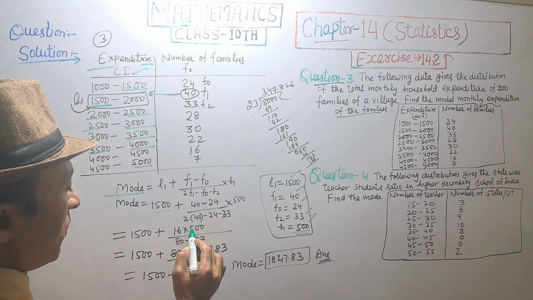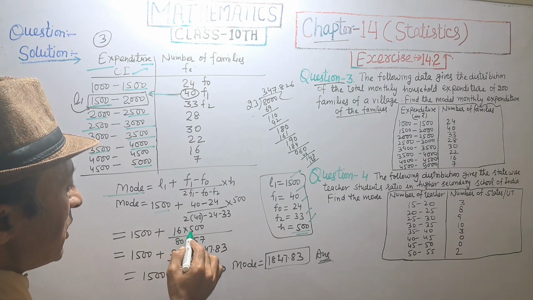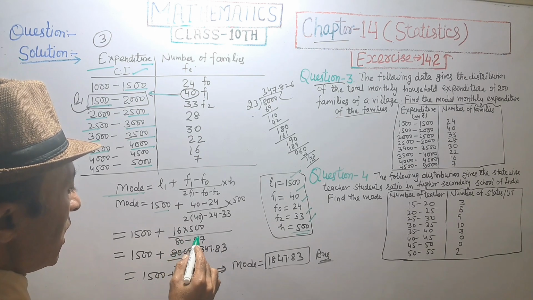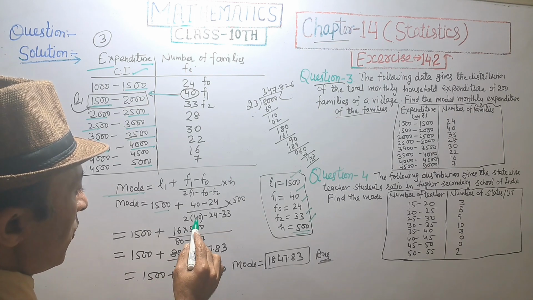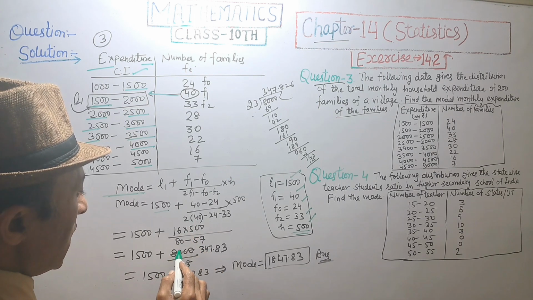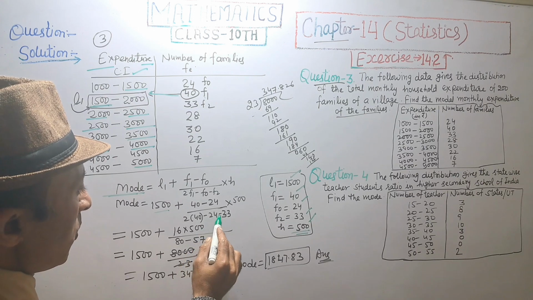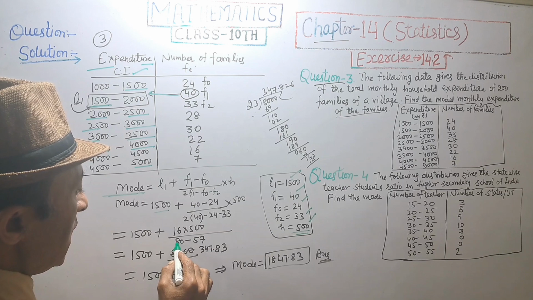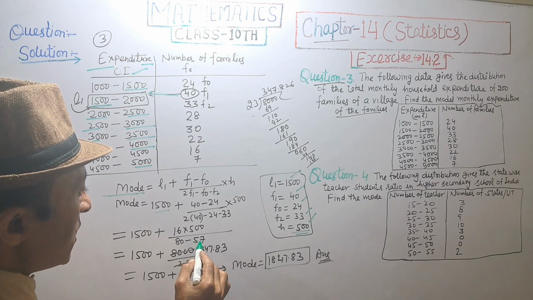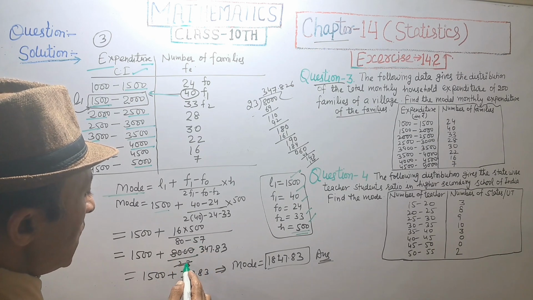40 minus 24 equal to 16. 16 5s are 80 and 2 zeros, that is 8000, and 2 40s are 80. 24 plus 33 is equal to 57, and 80 minus 57 is equal to 23.